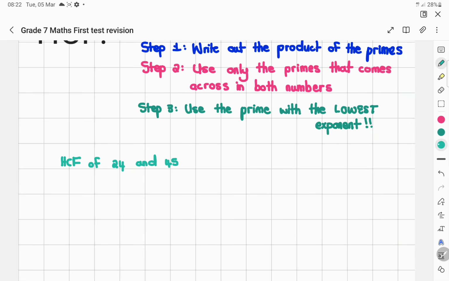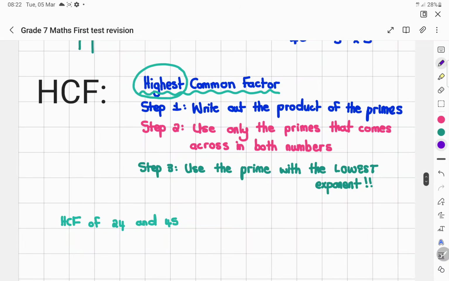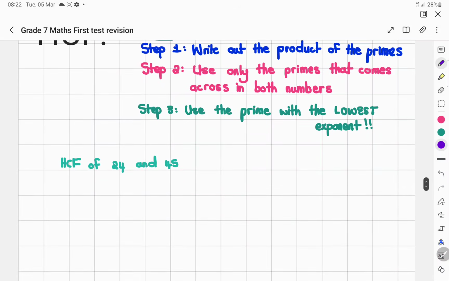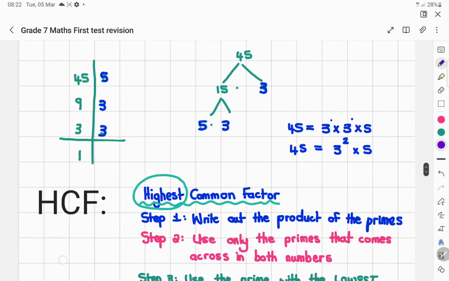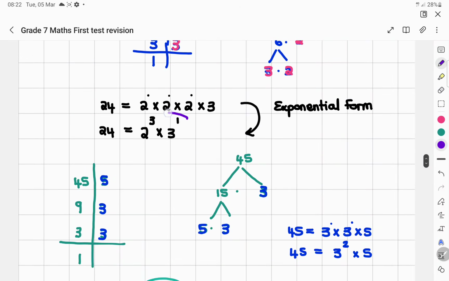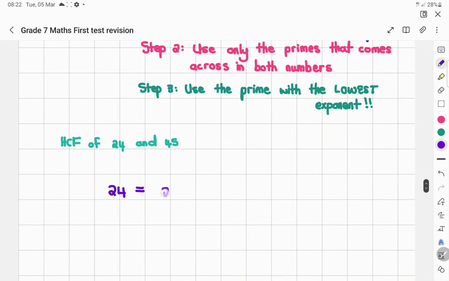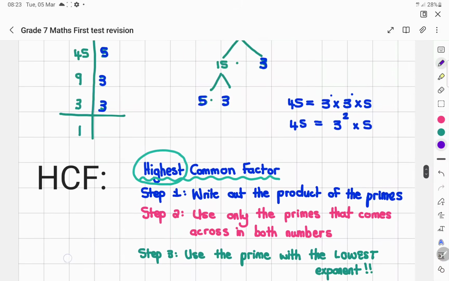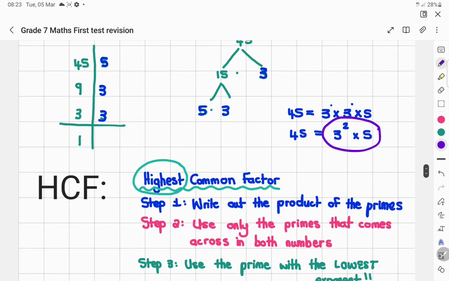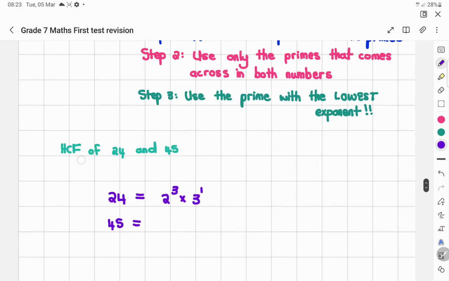Step 2, write out the product of its primes. So 24 we know is 2 to the power 3 times 3 to the power 1. And then the next one is 45, which is equal to, and we wrote it down here, 3 squared times 5.